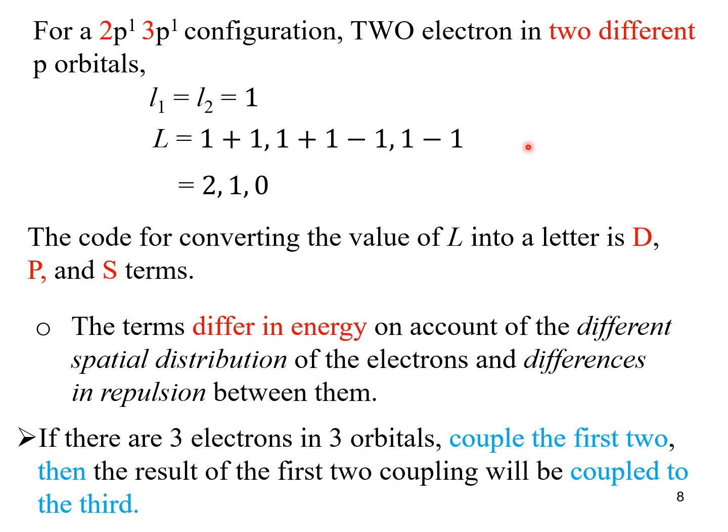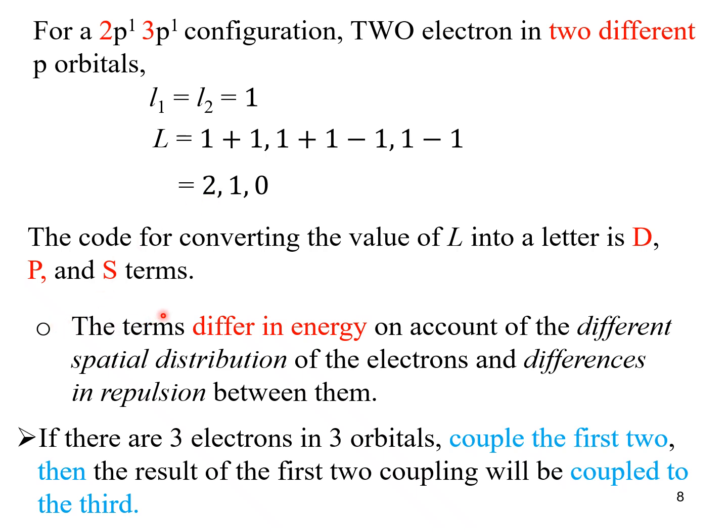Therefore, the capital letter in the term symbol corresponding to these configurations has 3 different values: L equals 0 corresponds to the S term, L equals 1 corresponds to the P term, and L equals 2 corresponds to the D term.